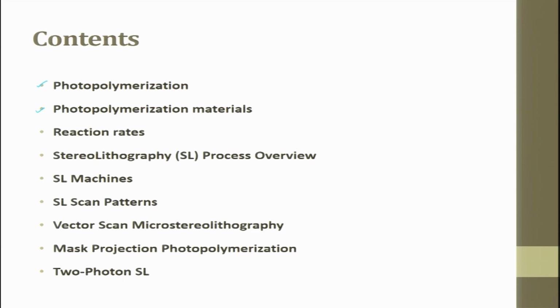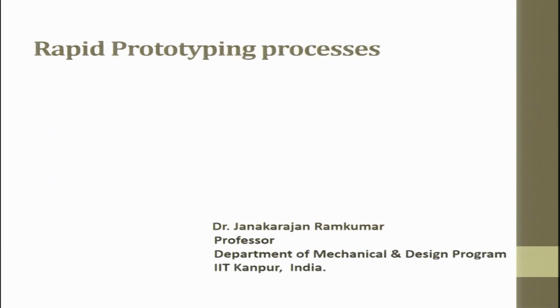When we talk about rapid prototyping, it is very clear that you are supposed to rapidly make prototypes. So, when you are supposed to rapidly make prototypes, it primarily depends upon what your starting material is.